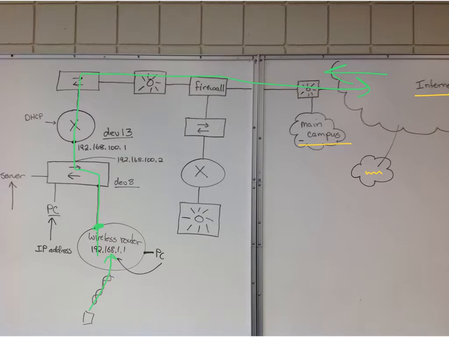There's a couple of things going on here. The little wireless router would do NAT, and we're doing NAT here, and then we're doing NAT again here. So you can see how I've got to make sure everything works right in order to get out to the internet.